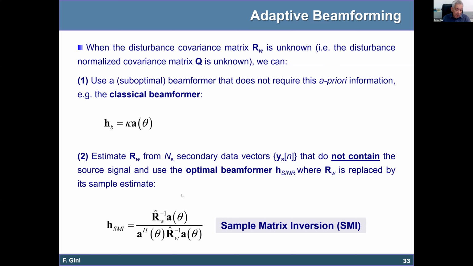We say that this beamformer is adaptive because the impulse response H depends on the data that you use to estimate RW. So the impulse response of the beamformer becomes data dependent and so adaptive. And I repeat, this adaptive version of the optimal beamformer is typically called sample matrix inversion because it contains the inverse of the sample covariance matrix estimate.